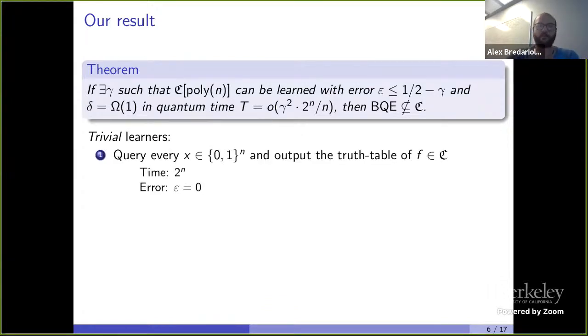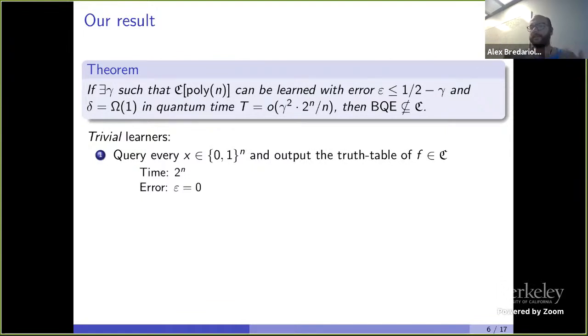So the first type of trivial learner that I'm defining is the learner that just learns F by creating all possible inputs, storing a truth table, and then whenever you have some input X, it can just look at this truth table and output the correct value, right?